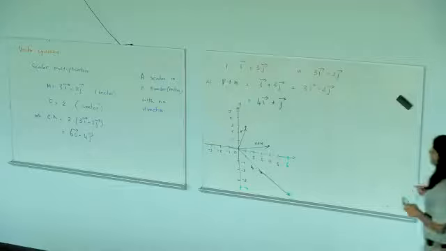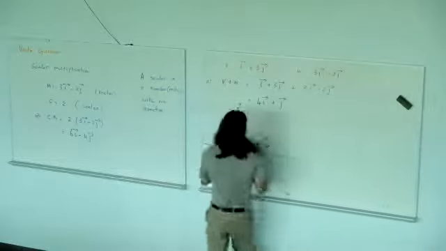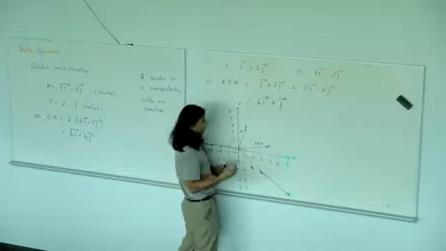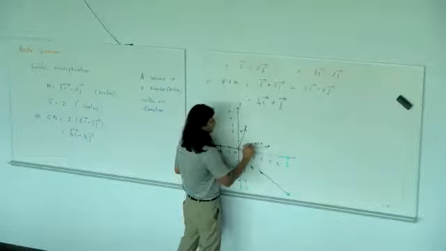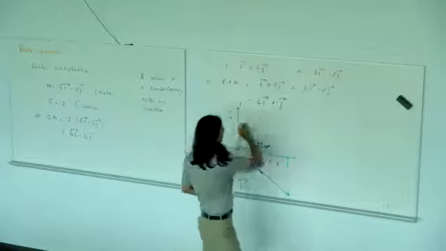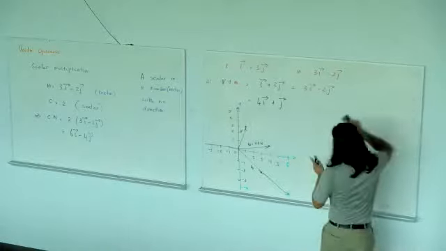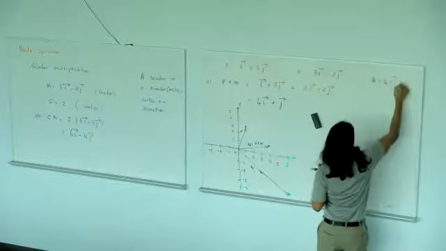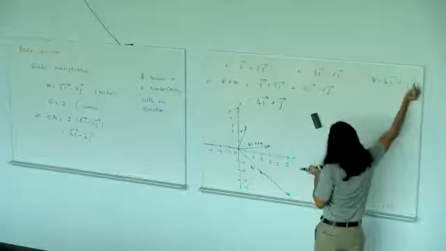So, if I take V plus W, I'll call it U, which is also a vector. The value of U is 4I plus J. I'm referring to vectors.